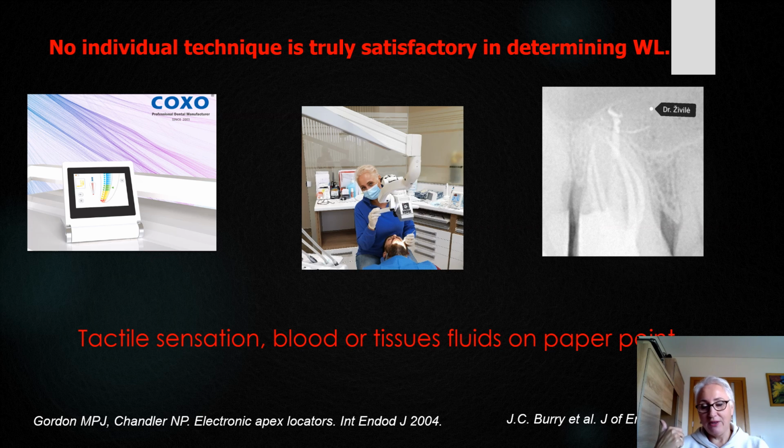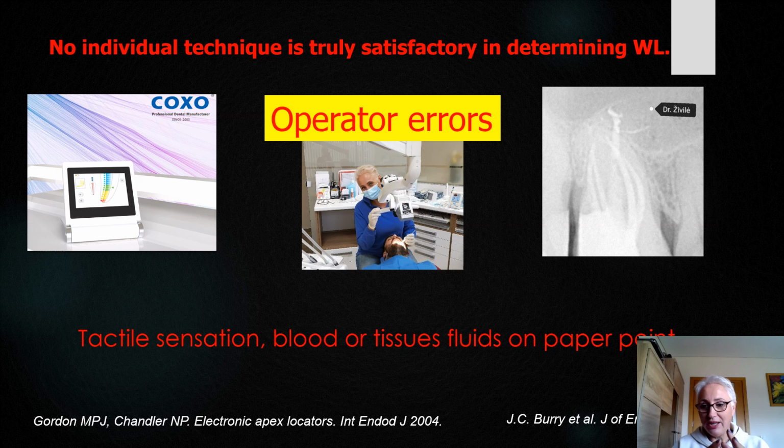It's very important to have all these methods and measurements, and to put the conclusion from them in your head, go through it, and make a decision, because you are the operator, you are the doctor, you will do instrumentation and obturation. So usually if we have some errors in working length measurements, it happens because of operator errors.